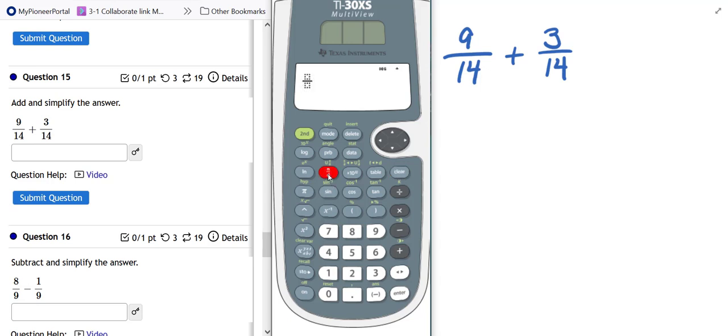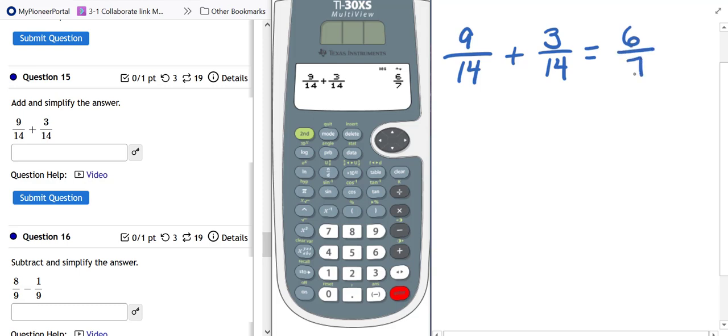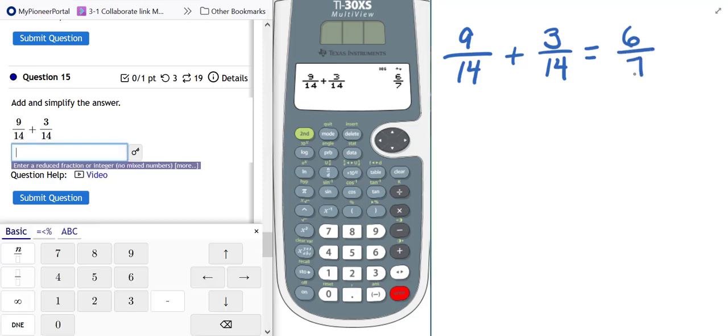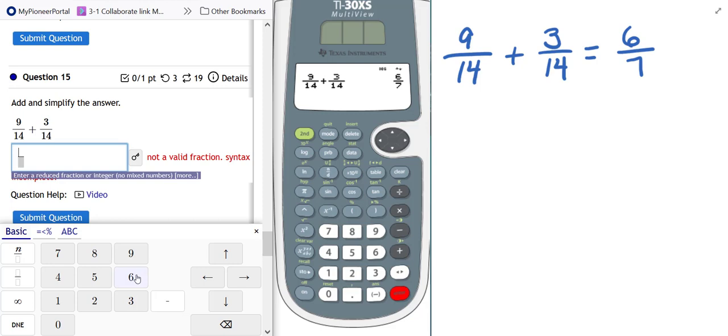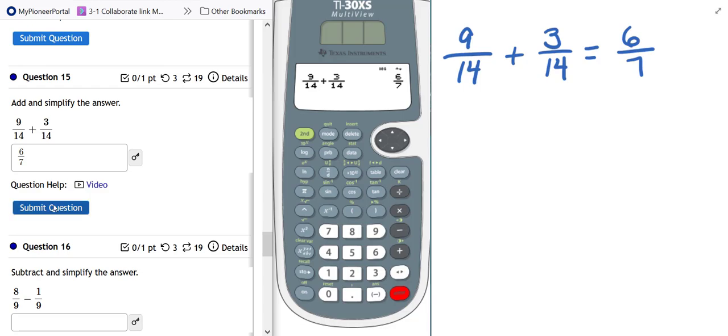But if we didn't remember that, we can do fraction button. 9, go down, 14, go out from under, plus fraction button, 3, go down, 14. Enter, 6/7. So it had to be reduced if you did it by hand. And we'll put that one in. I click in the box, I hit the fraction button on the template, and it is 6, go down, 7, click, submit.